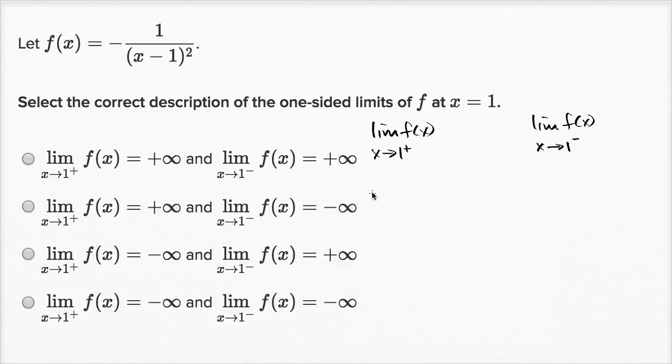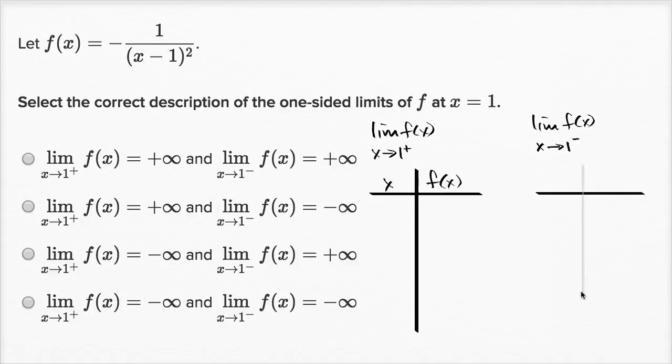So I'm just going to make a table and try out some values as we approach 1 from the different sides. x, f of x, and I'll do the same thing over here. So we are going to have our x and have our f of x. And if we approach 1 from the right-hand side here, that would be approaching 1 from above. So we could try 1.1.